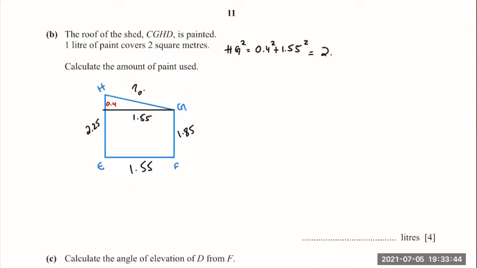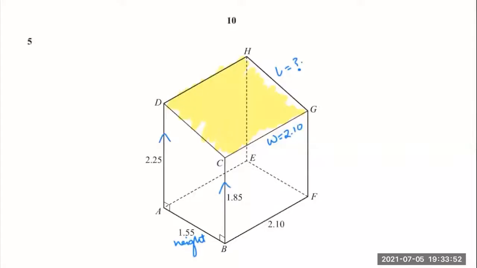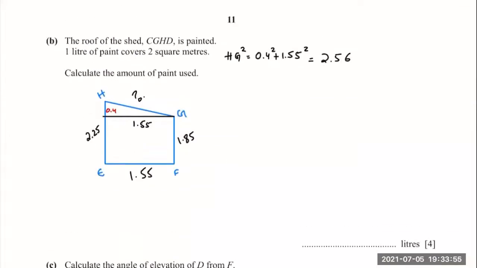That gives 2.56. So I have HG now, which is my length. I have my width as 2.10. So the area is 2.56 into 2.10.